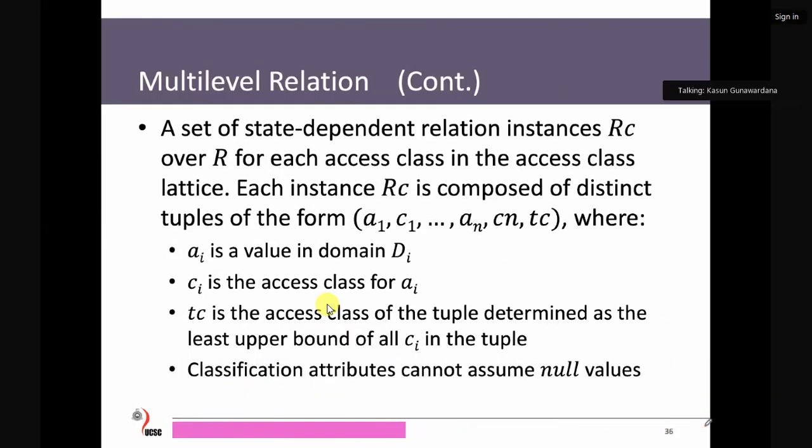That is the first component of the multi-level relation. The second is a set of state-dependent relation instances. This term is important: relation instances, a set of state-dependent instances, depending on the state. So what does it mean?